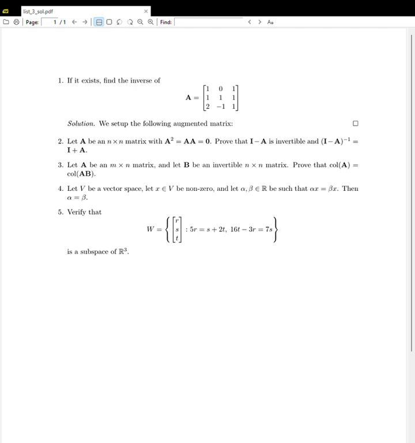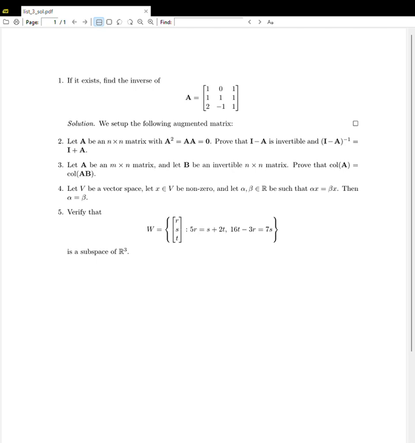And the idea there is that if you augment it with the identity matrix and then perform the row operations, if on the left you get the identity matrix, that means that the matrix on the left is row equivalent to the identity matrix, right? Because the row operations that transform it are being performed on the identity matrix on the right.